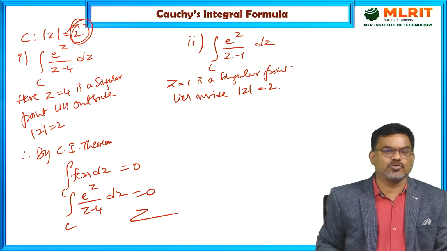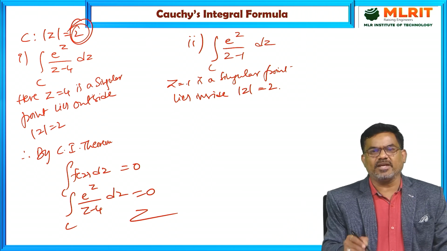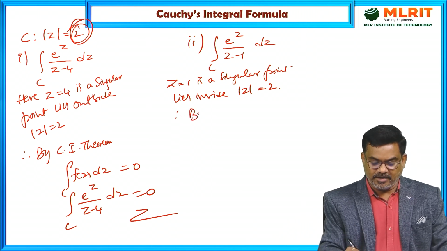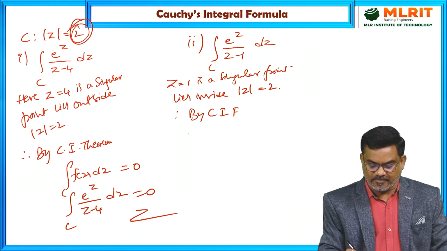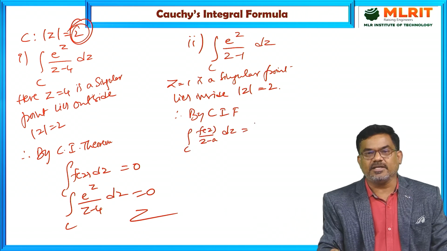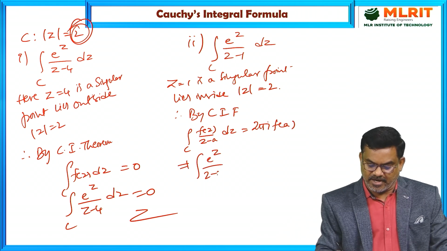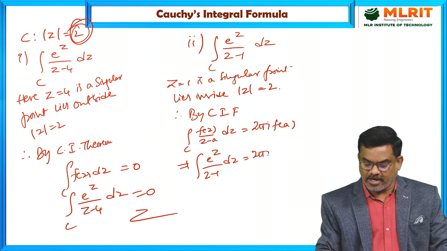Here the radius is 2 and z equal to 1 is the singular point. Obviously, it lies inside the circle. Therefore, by Cauchy's integral formula, the line integral of f(z)/(z - a) dz is 2πi times f(a). So here the line integral of e^z/(z - 1) dz is 2πi times f(1).